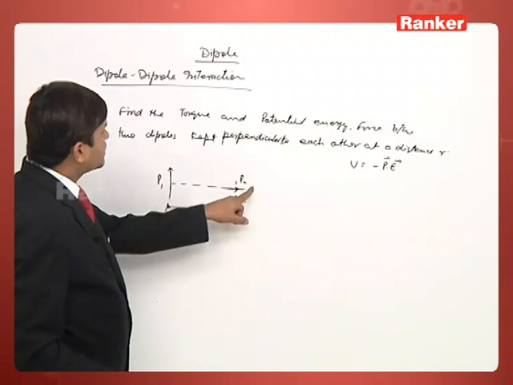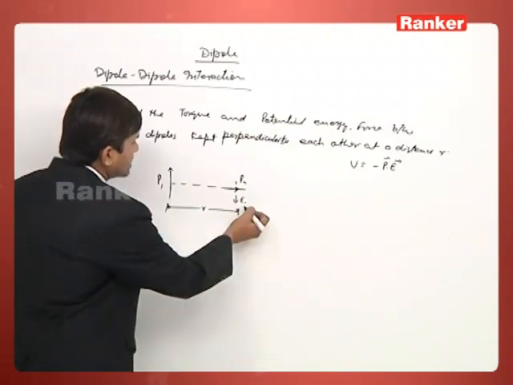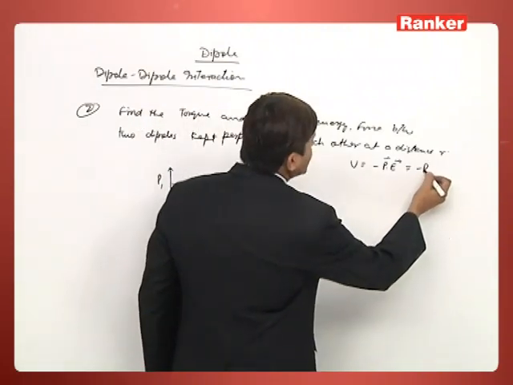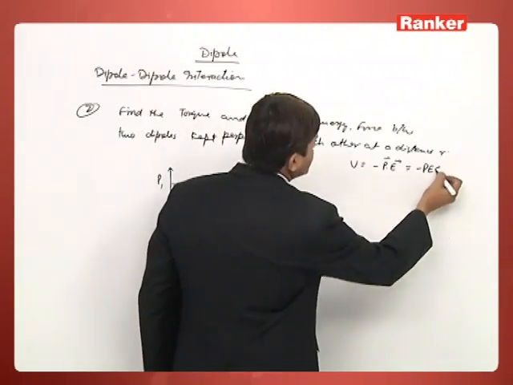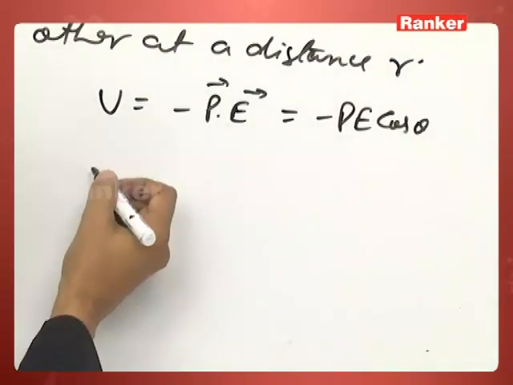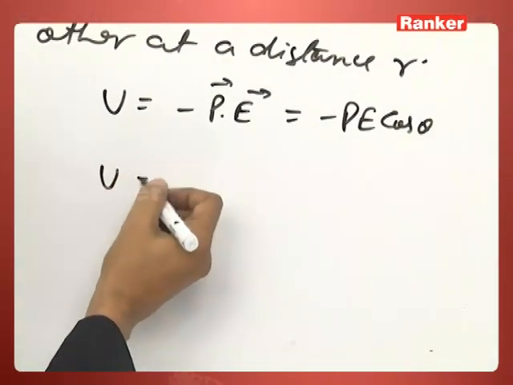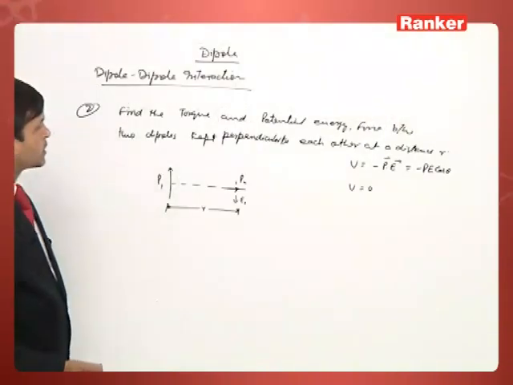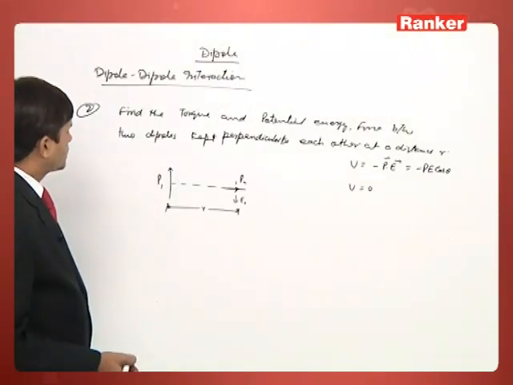So the angle between P2 and E1 is 90 degrees. As the potential energy relation is minus PE cos theta, here the potential energy between these two is 0.